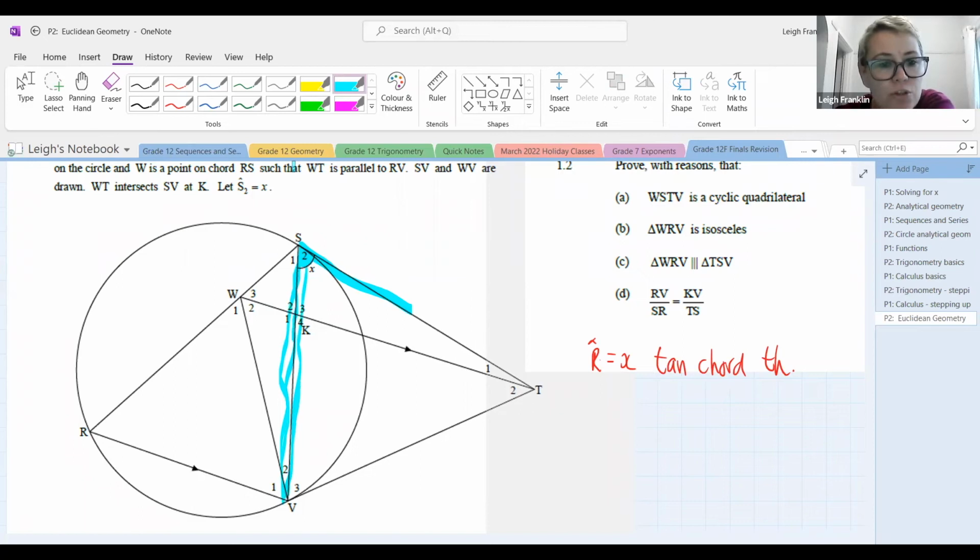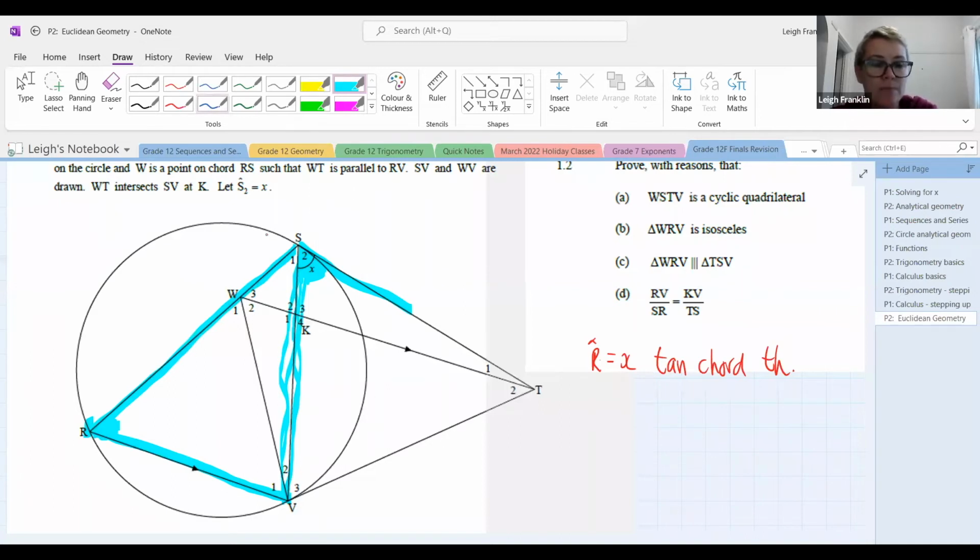Then I wanted you to put one finger at S and one finger at V, and then follow it to the circle. That helps you to identify the angle in the alternate segment, which in this case is R. So the angle between the tangent and the chord is equal to the angle in the alternate segment.